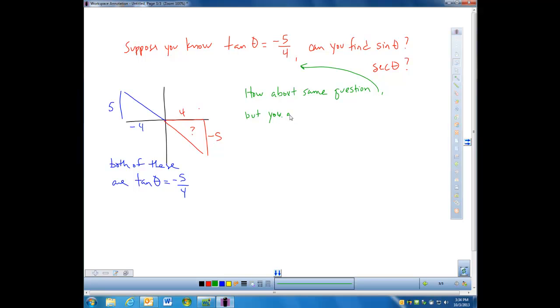So think, if you could please, where would that have to put my triangle? Would my triangle be down in that 4th quadrant, where the red triangle is? Or would my triangle be up there in the 2nd quadrant where the blue triangle is? Which one would give me a negative cosine?